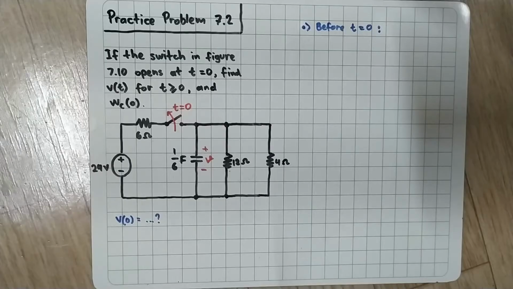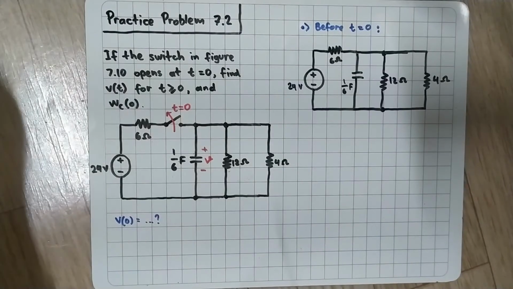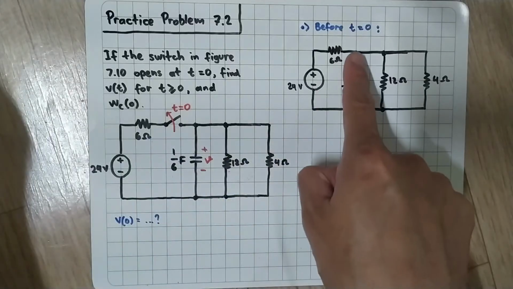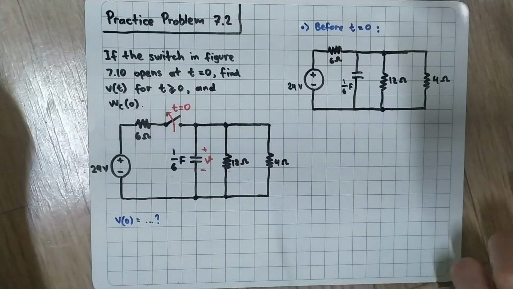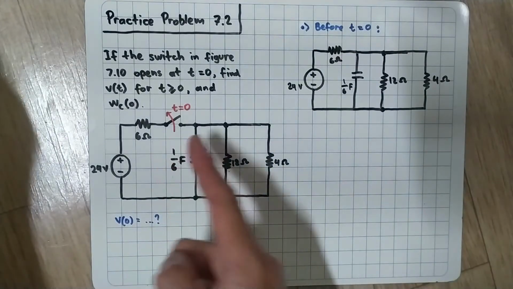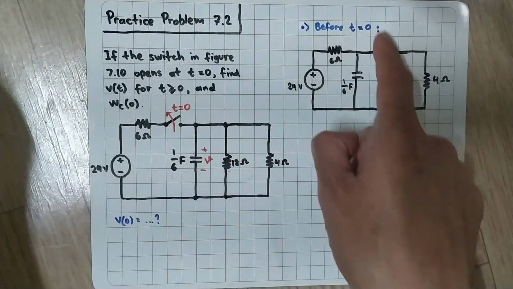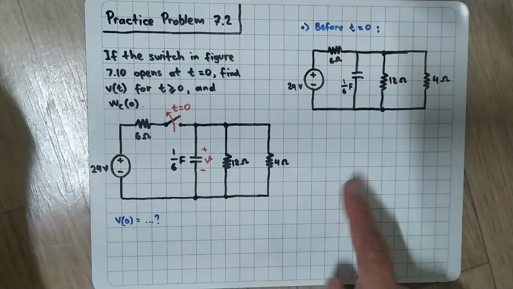So let's redraw the circuit. We replace the switch with a short circuit because it's still in the circuit. It will be open at t equals 0, but we will take a look when t is less than 0 here.